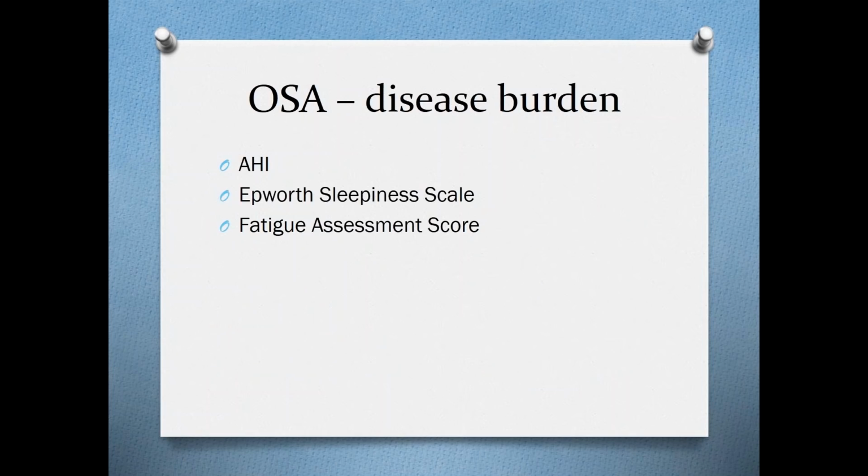So when patients can present in so many different ways, how do we quantify how bad the problem is and therefore how to treat it? So traditionally, we've looked at the apnea-hypopnea index and the sleepiness scale or the fatigue assessment score, but that's just one aspect of the problem.